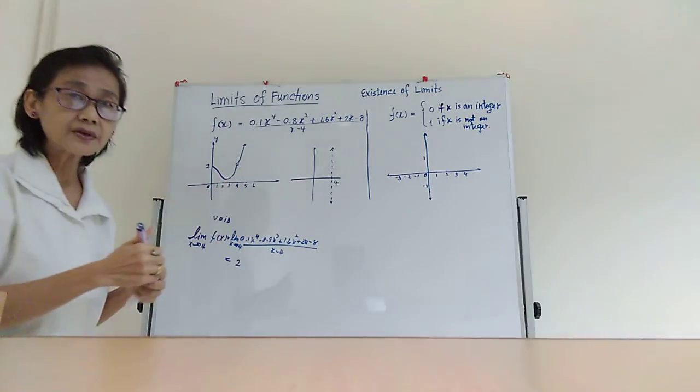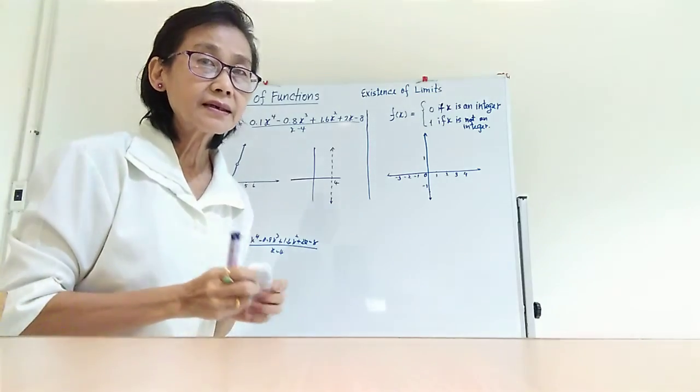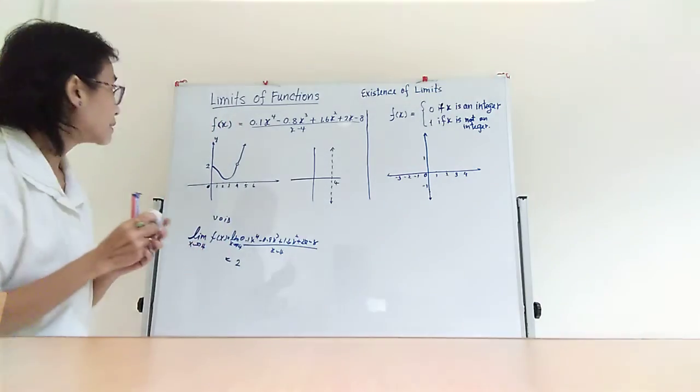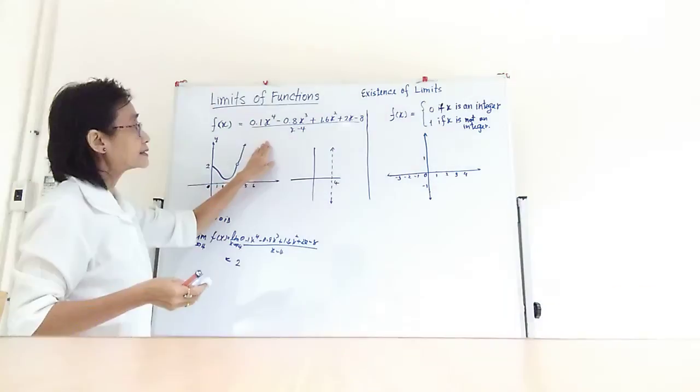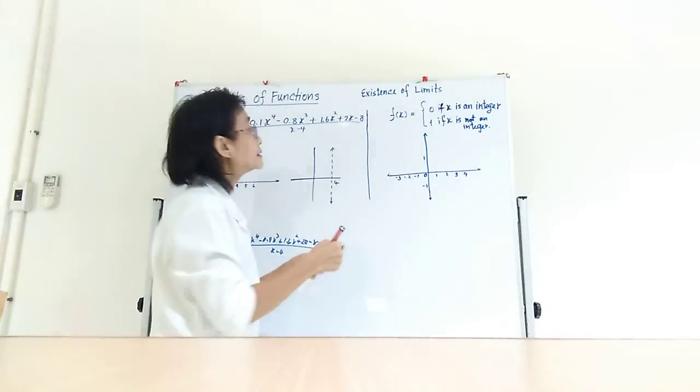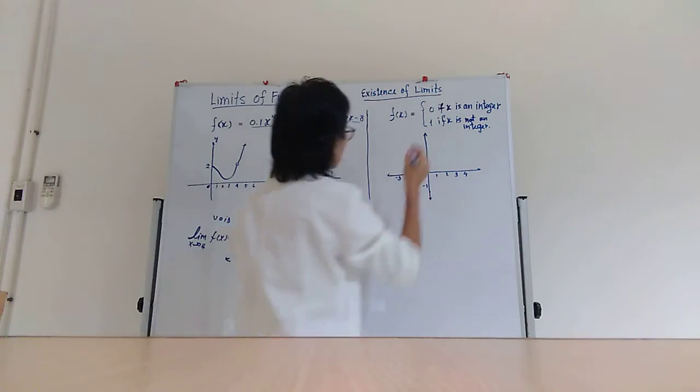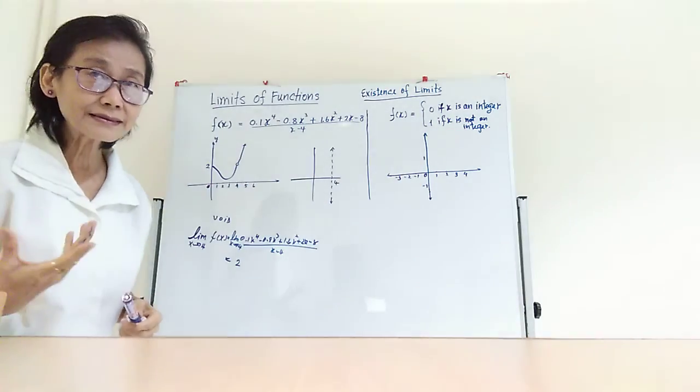Okay, everyone following? Understand or not? Maybe in this case, let me ask you. Right now, this example talks about the existence of a limit when the limit does exist.